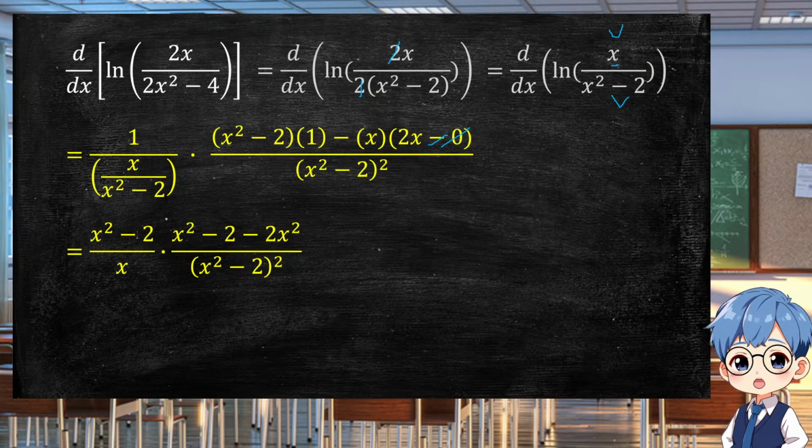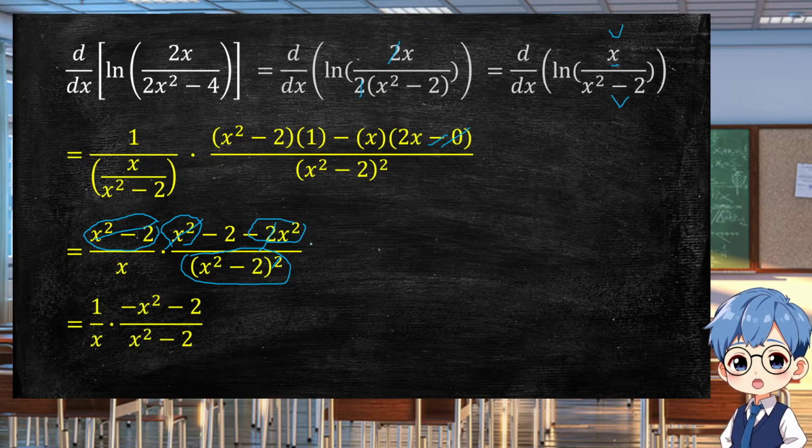Then observe that these are just the same factors. The difference is just that this is squared. So this means that we can cancel this one out. So this becomes x squared minus 2 raised to the power of 1. And then x squared and negative 2x squared cancel, and what remains here is just negative x squared.